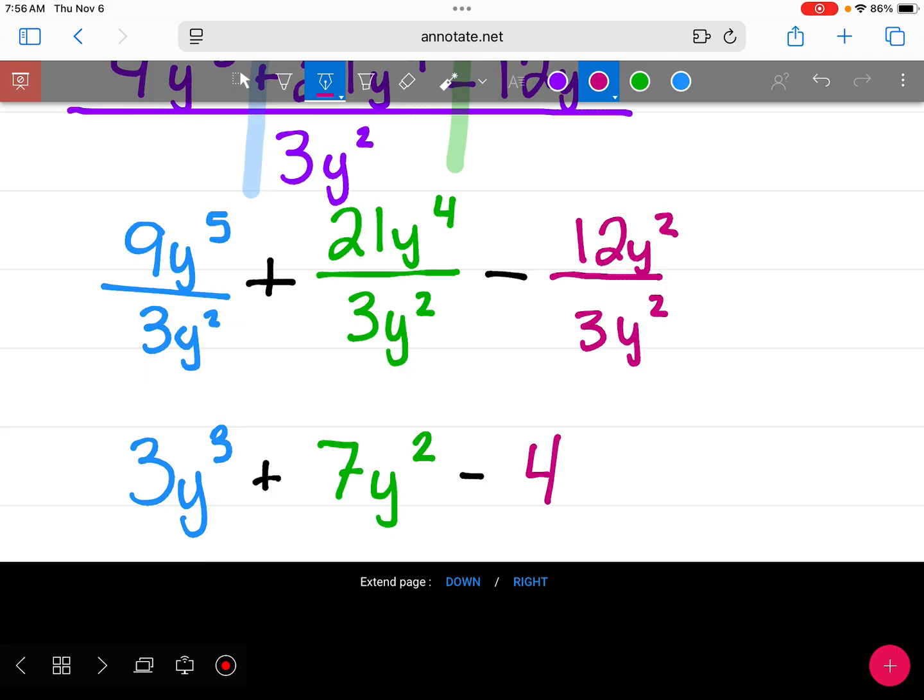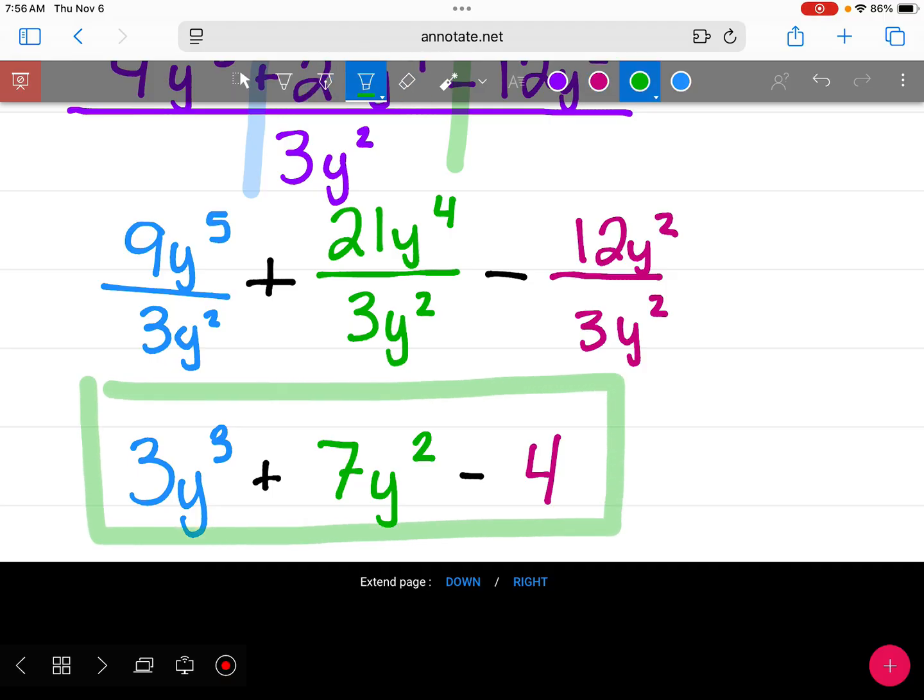Because what happens to the y's? They cancel out. We get 2 minus 2, so we have y to the 0, which is just gone. It cancels out entirely. So our full polynomial answer is this right here. That's our fully simplified answer; I can't do any more to simplify.